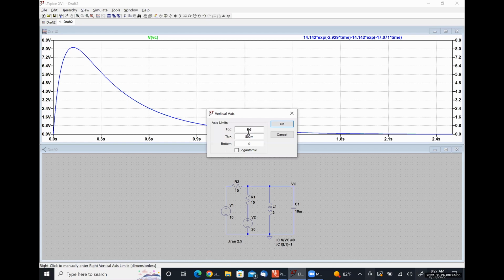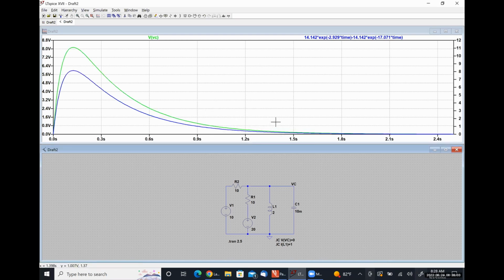If I change this just arbitrarily to 12, our answer is still just as correct, but our waveforms don't overlap each other because the scales on both sides don't match.